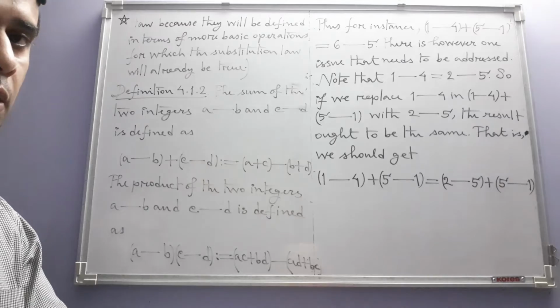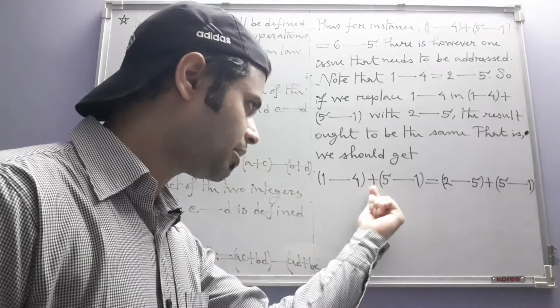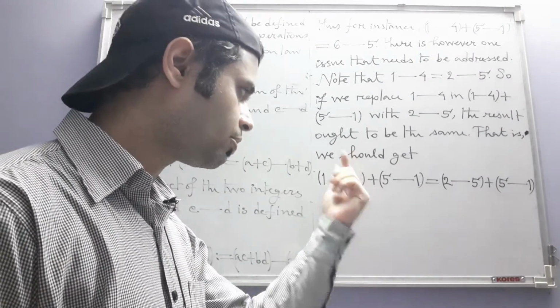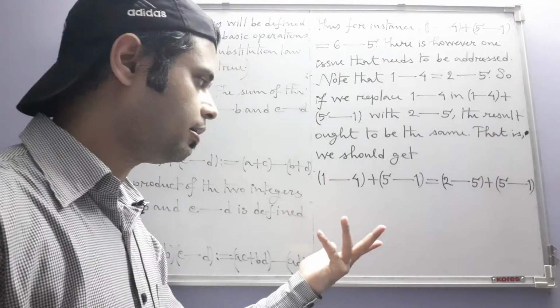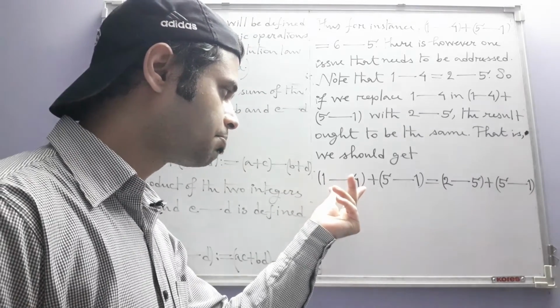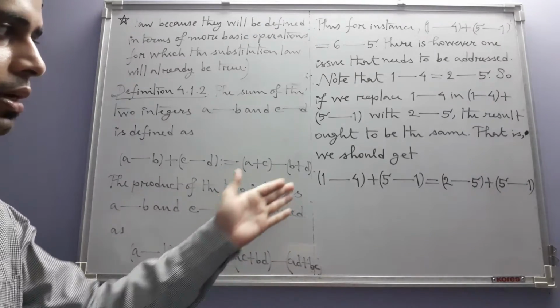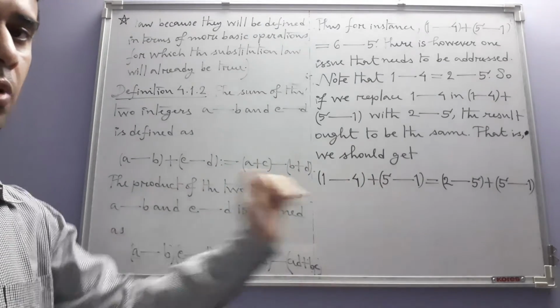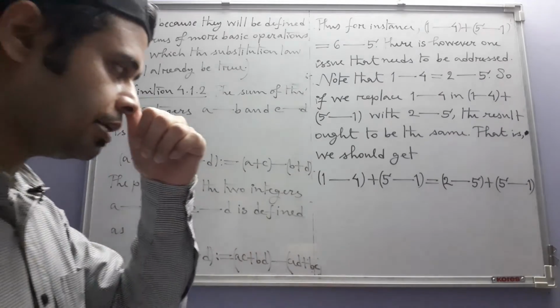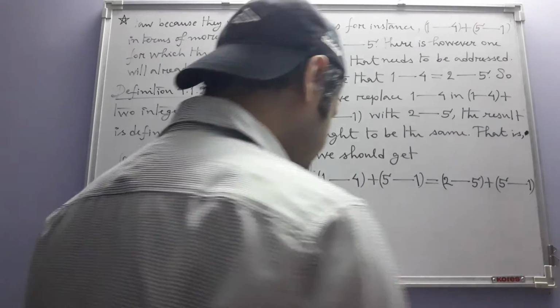If that does not happen, then this operation not only depends on the integer but also what representation of the integer we are using. That should not happen. If that happens, then our definition is not well defined and that cannot be used. It will be of no use.